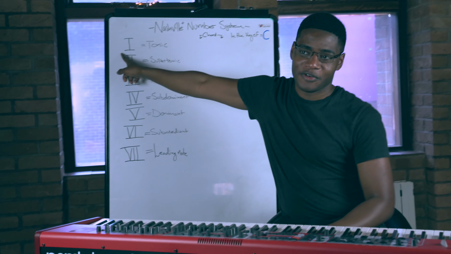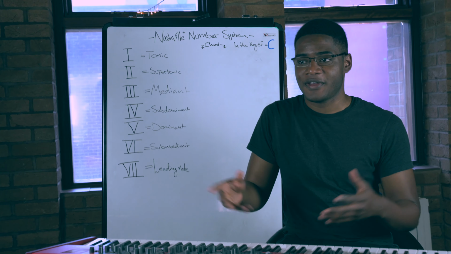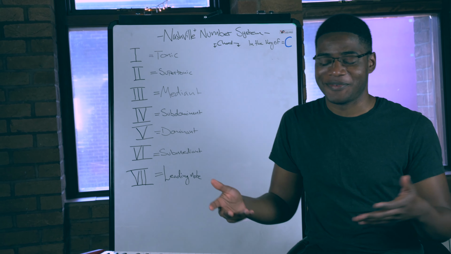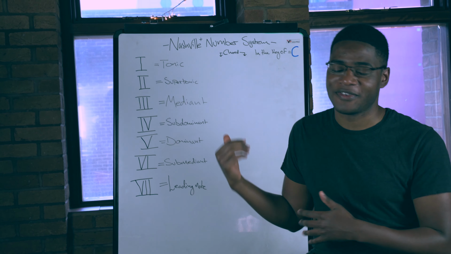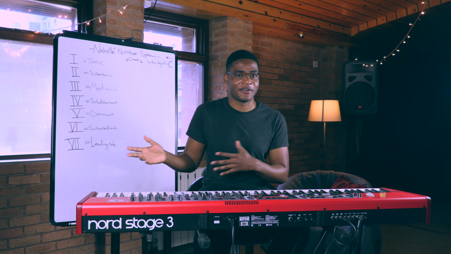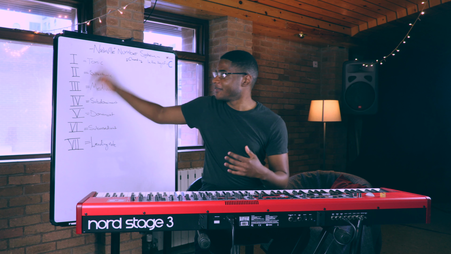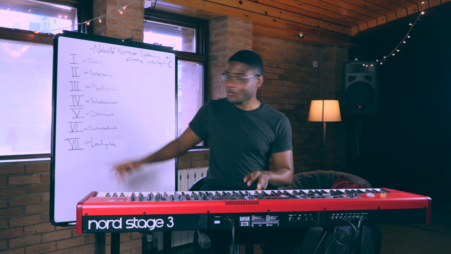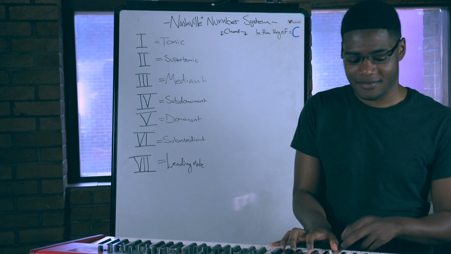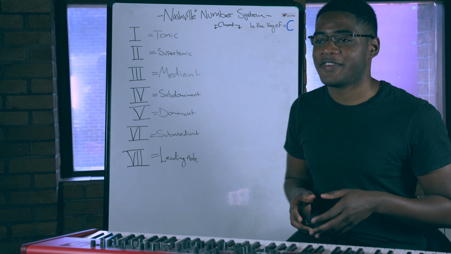We're using Roman numerals because in the classical tradition, we used to use Roman numerals. The Nashville number system might be called that, but it's derived from a system that's been used for centuries, and it uses Roman numerals. So today, that's what we're going to use. Chord 1 in the key of C is C major.